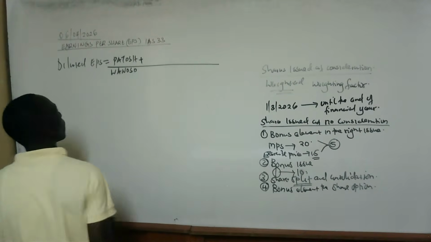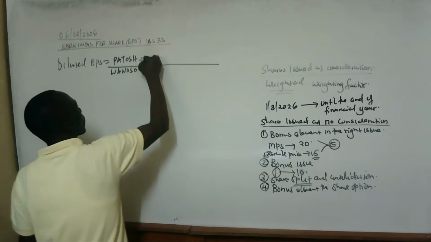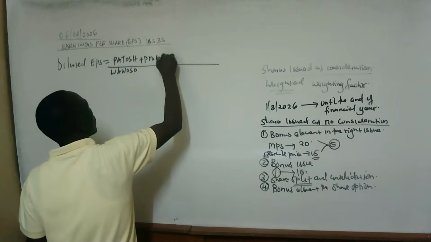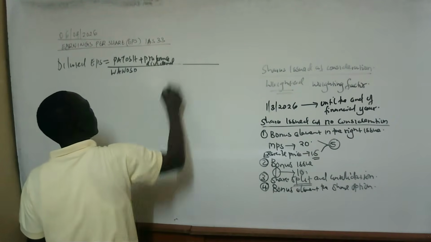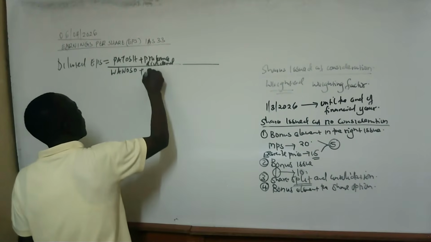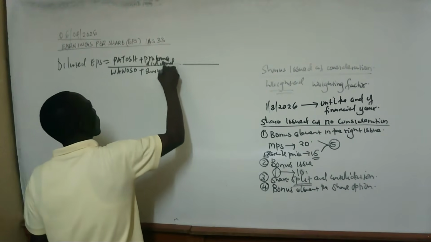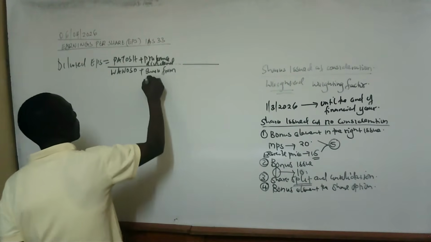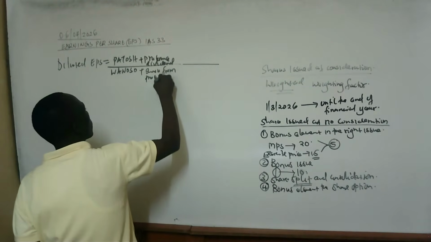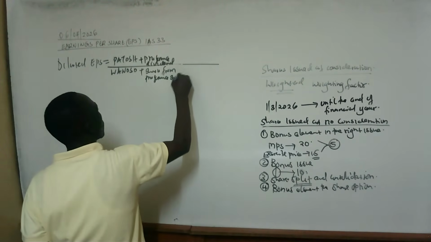Then from there, we add the preference dividend, and we divide by the shares from preference shares.